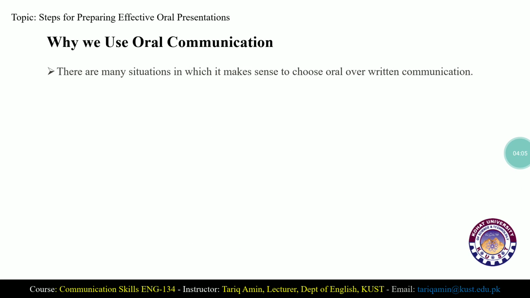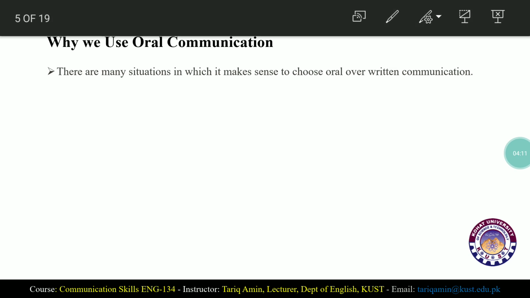Now, why do we use oral communication? What could be the different purposes behind using oral communication? There are many situations in which it makes sense to choose oral over written communication. We have two choices. The first one is written communication, and the second one is oral communication.